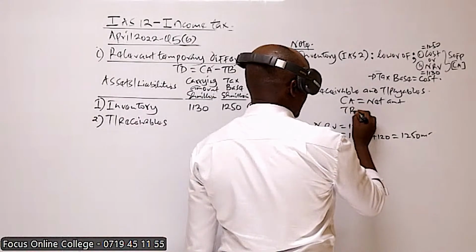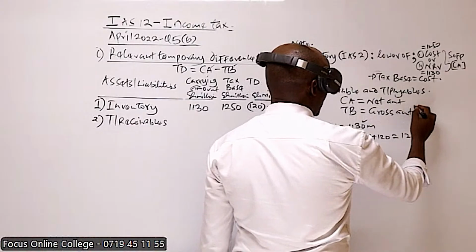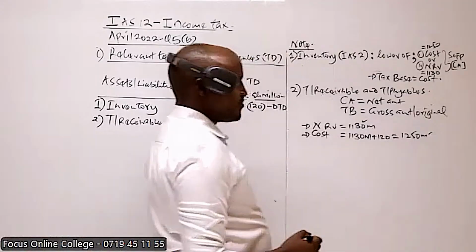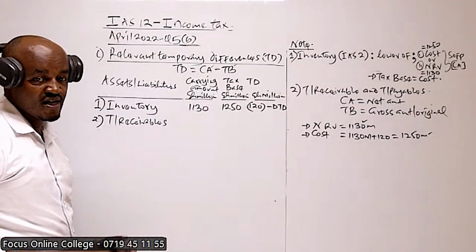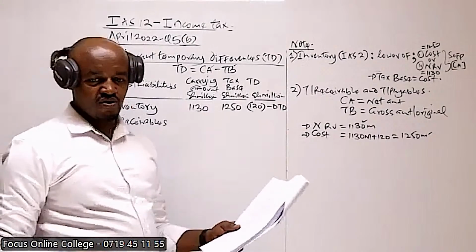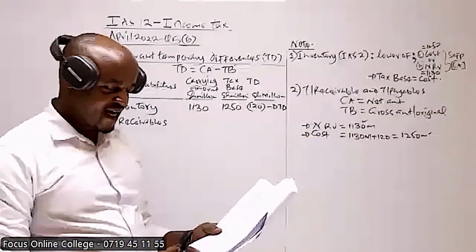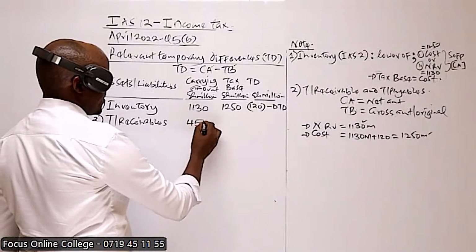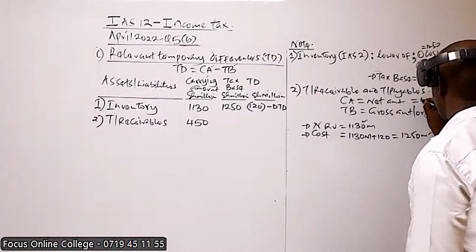What about the tax base? Tax base is the gross amount. It is the original amount of receivables before making any adjustment. Let's go through that point now, having that knowledge. We are told the trade receivables had a carrying amount, which automatically has to be the net.